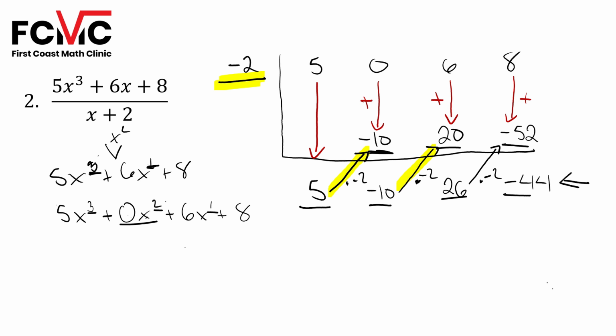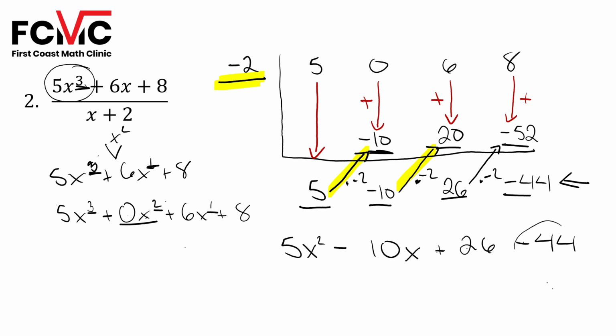So the values outside of our box give us our answer. We've got 5, -10, +26, and -44. Now we just have to write in our variables. We've got an x to the third, so we want to start 1 power lower. So we're going to have 5x to the second minus 10x to the first plus 26, minus 44. So this right here is going to be our remainder.